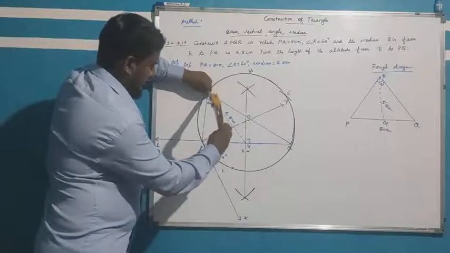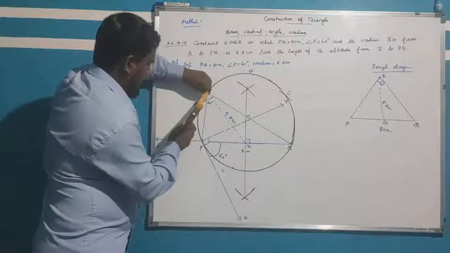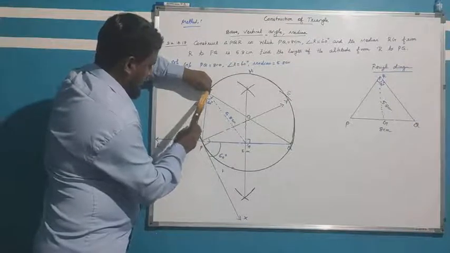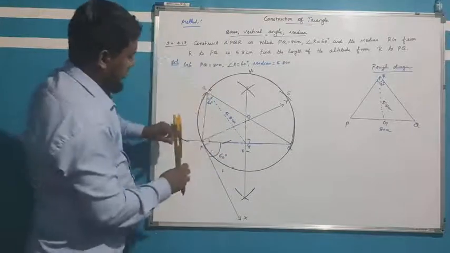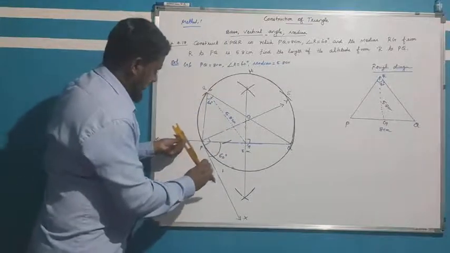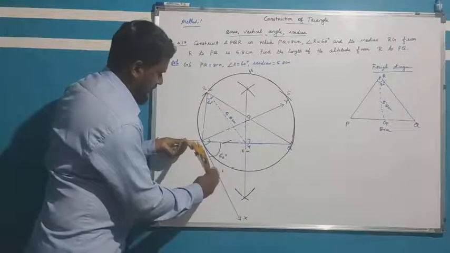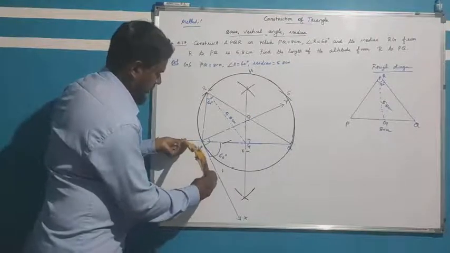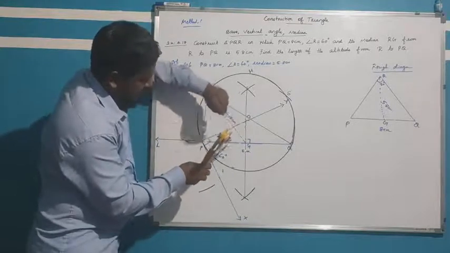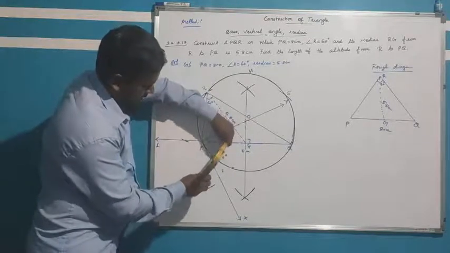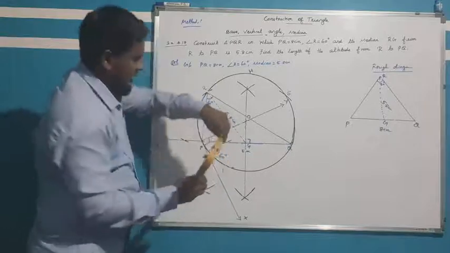Anywhere we can cut. Keep the same measurement, change the place, keep it here, then cut an arc.